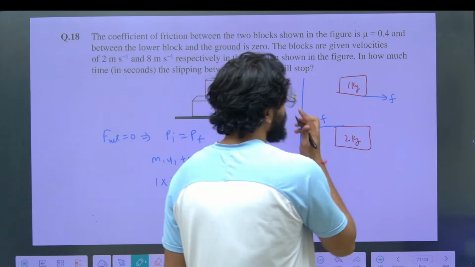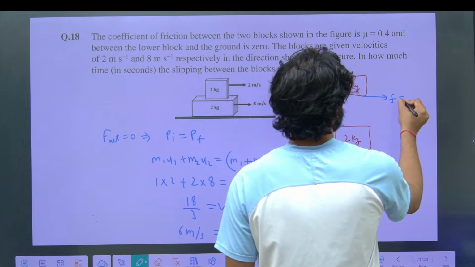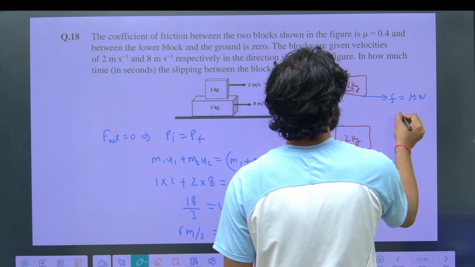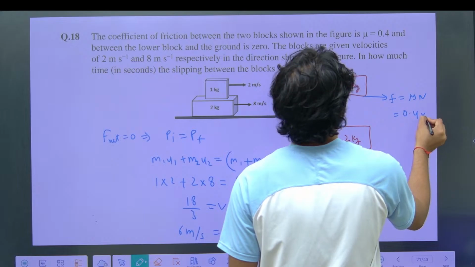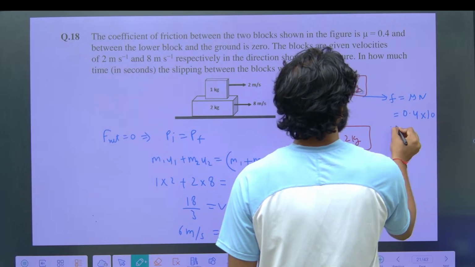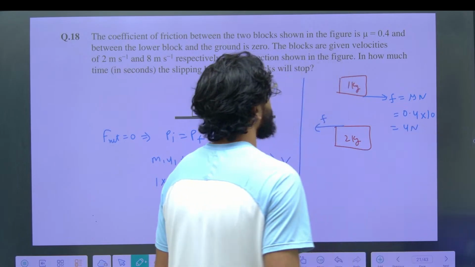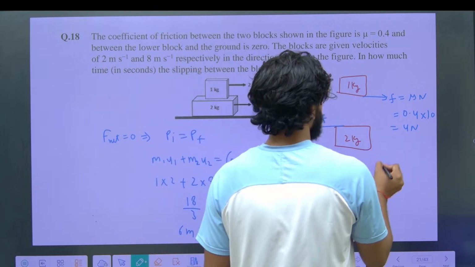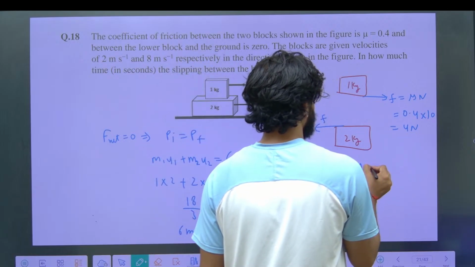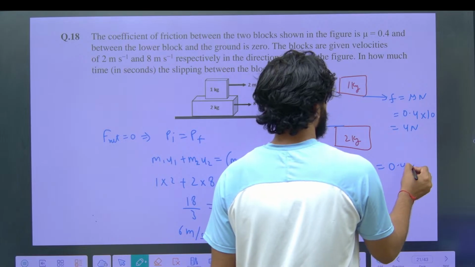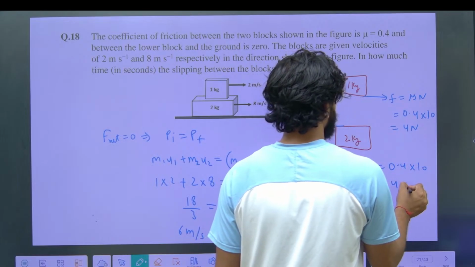friction on the 1 kg block is applied in the forward direction so that it can increase the speed of the 1 kg block, and over here it decreases the speed of the 2 kg block. So friction will be mu N, right? Mu is 0.4 and N is 10, so it is 4 Newton. Acceleration is mu g, which is 0.4 into 10, that is 4 meter per second square.